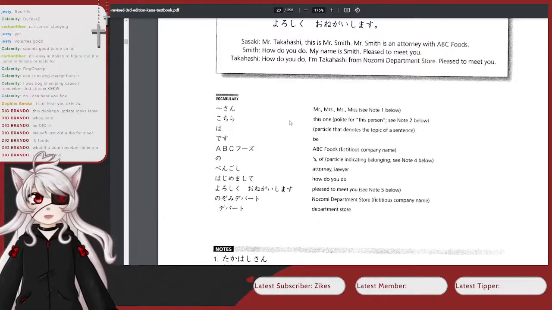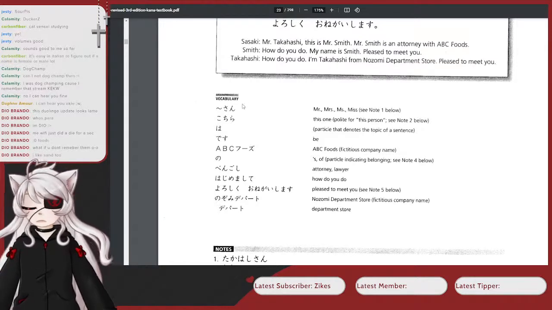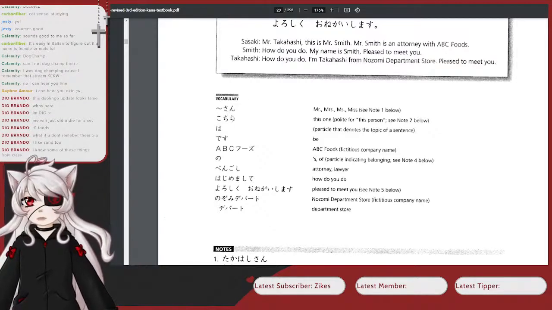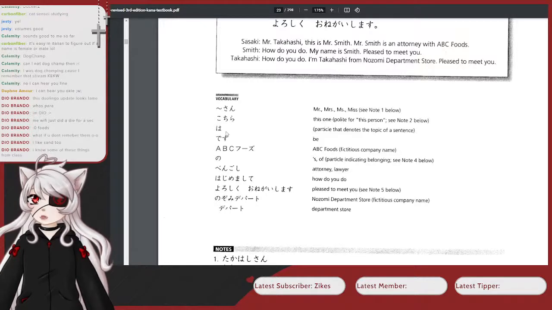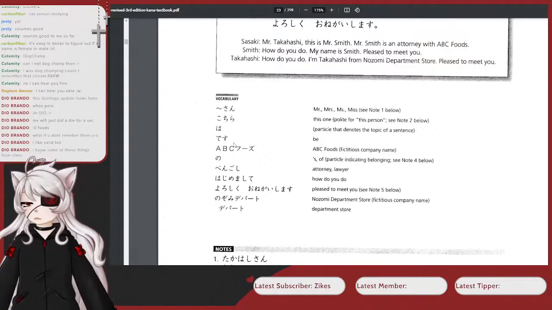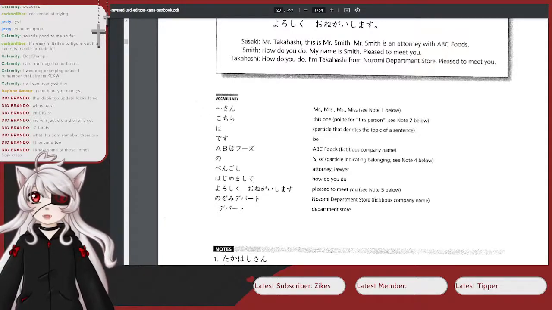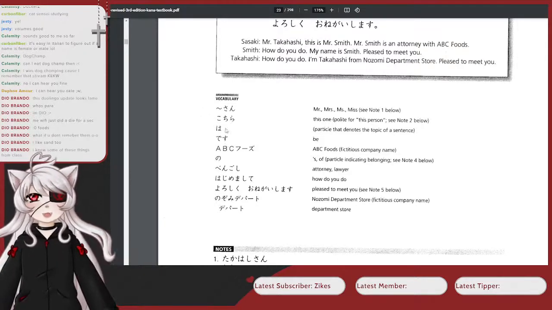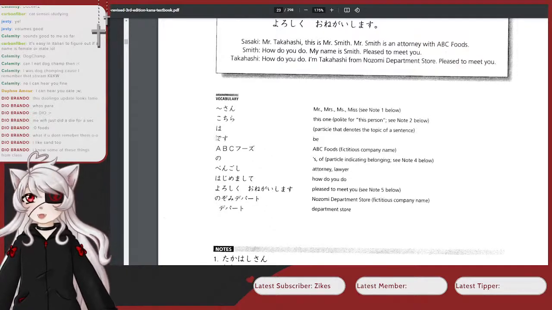Kochira is this one. So this person here is a person. Yeah, well, I hope so, because this is literally the first module in this book. So I kind of hope that your class has taught you the things that are recommended to know first.